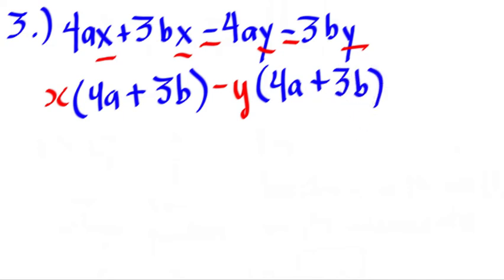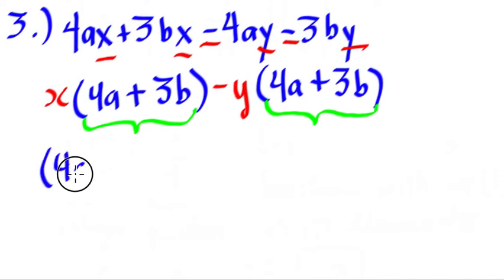Furthermore, I think you can see that we have a common group here. This 4a plus 3b is the same as the 4a plus 3b over here. By virtue of factoring by grouping, we can take those groupings out: 4a plus 3b times what is left. What is left is x, and here it is minus y.